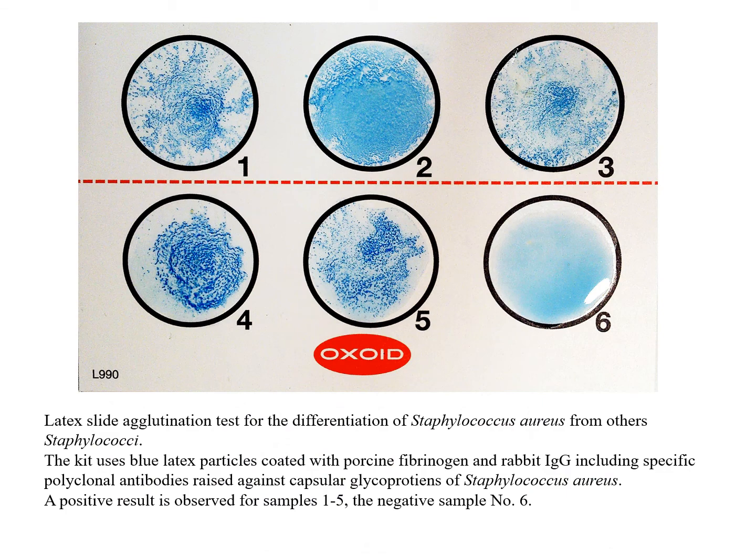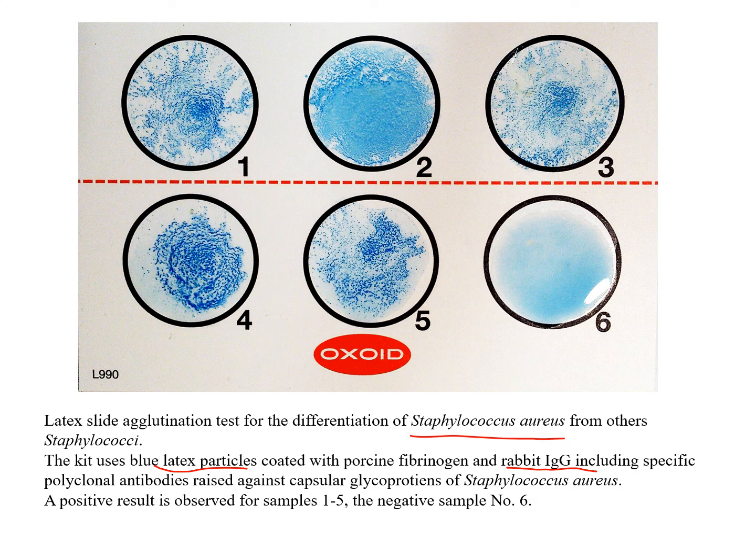This is an example of an indirect agglutination test for the presence of Staph aureus. So you are looking for the presence of Staph aureus in different samples. So therefore, on the latex beads, you have rabbit IgG that is specific for the Staph aureus.